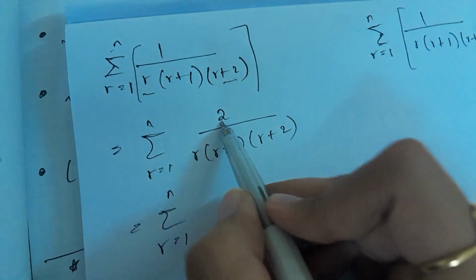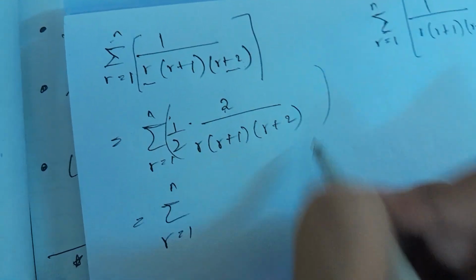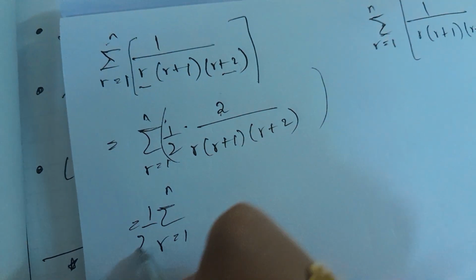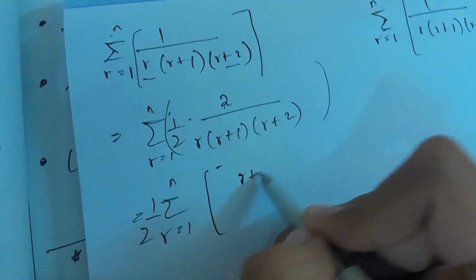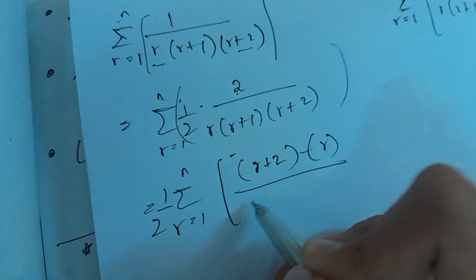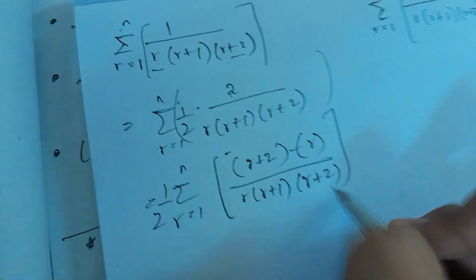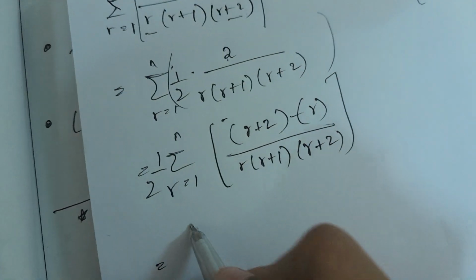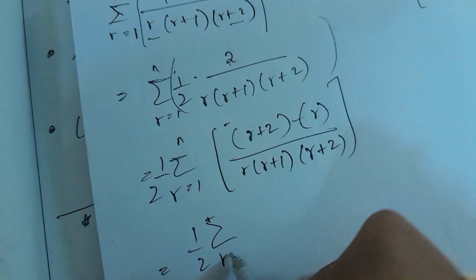You would basically just write this 2. Actually you have to multiply and divide it, sorry. So that's half times summation r equals 1 to n, r plus 2 minus r over r into r plus 1 into r plus 2. What happens now is half times summation r equals 1 to n.